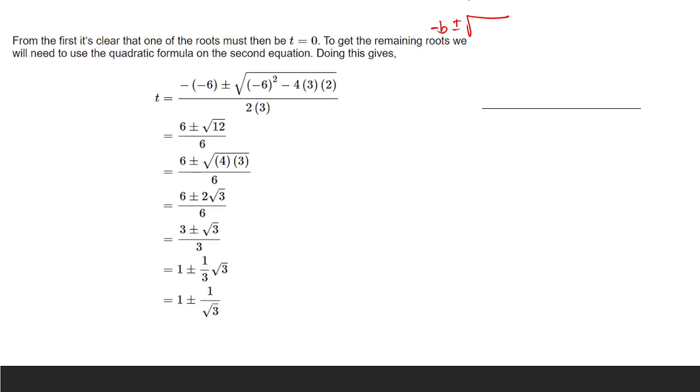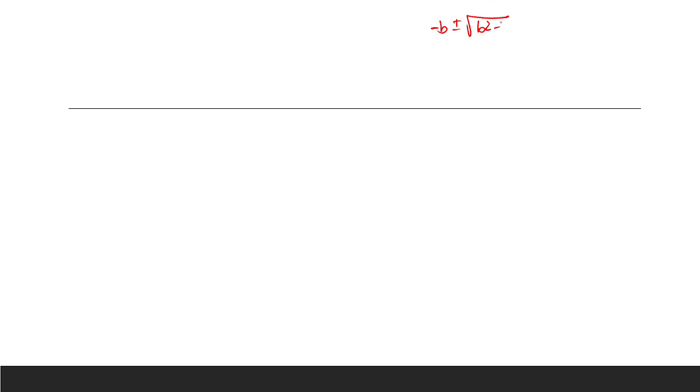So, yung quadratic formula naman natin, that is just negative b plus minus square root of... Mali pala ito. Our formula is negative b plus minus square root of b squared minus 4ac, all over 2a. This is our quadratic formula.